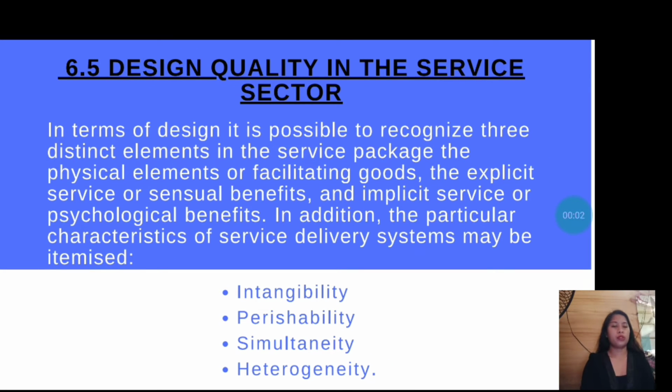So first, let's discuss the facilitating goods. So facilitating goods, these were the products and services that help an organization achieve its objective. In other words, they assist and support, control, benefit. For example, massage.